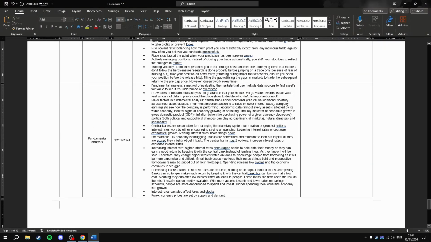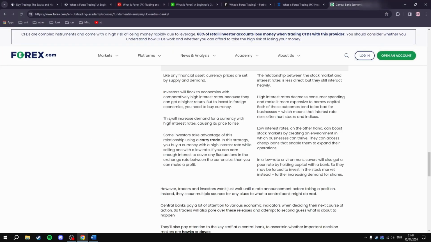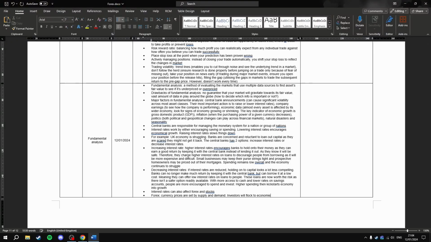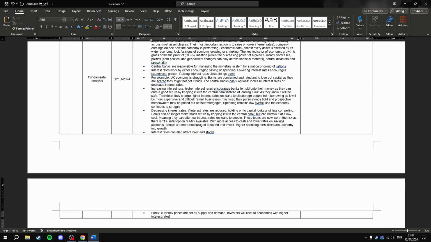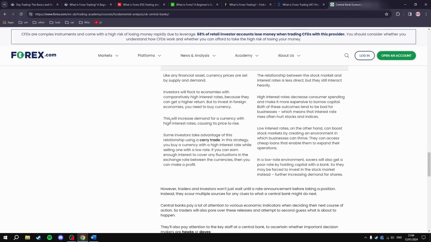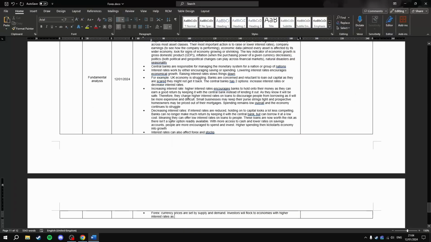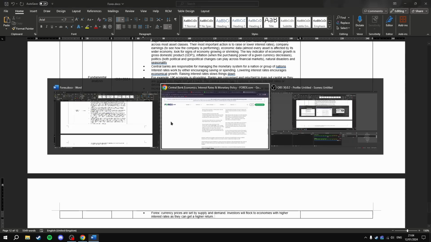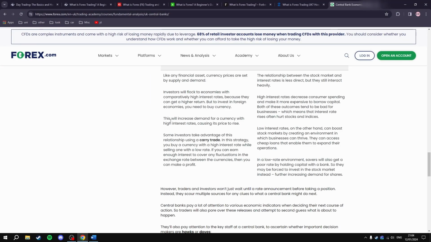Alright, so investors will flock to economies with higher interest rates as they can get a higher return. To invest in foreign economies, you need to buy currency.